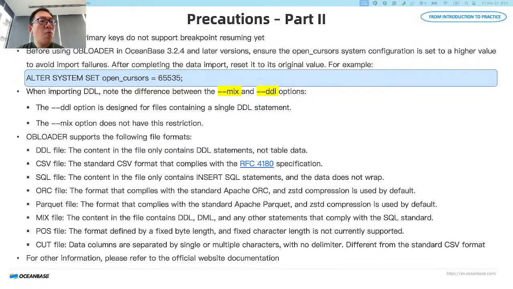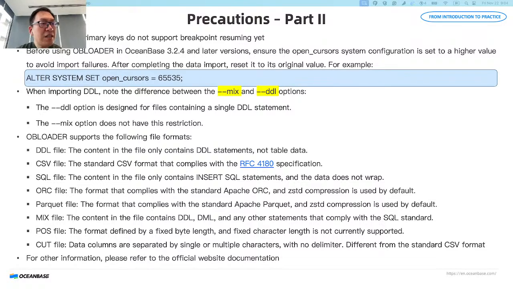Before using obloader in OceanBase version 3.2.4 and later versions, ensure the system configuration is set to a high value to avoid import failures. After completing the data import, reset it to the original value.